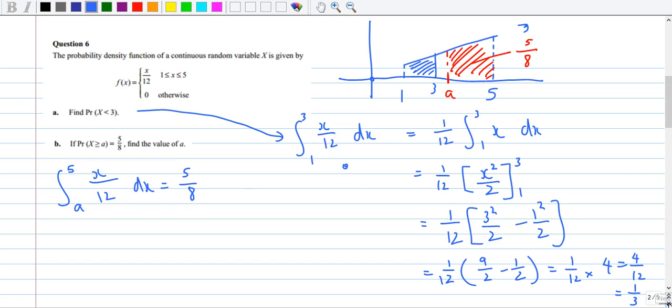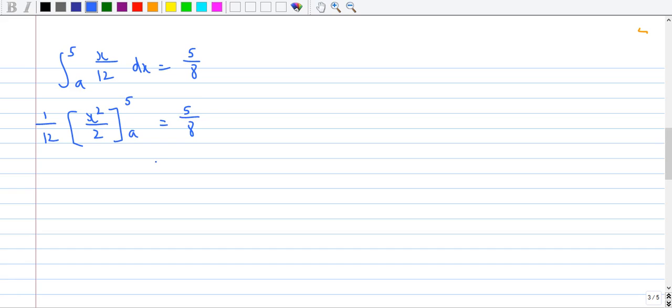So let's come down on a bit of better paper. Again, I might take that 1/12 out the front, integrate x, and then let's work our way through this. Now we sub 5 in, so 5 squared on 2 minus a squared on 2 equals 5/8.